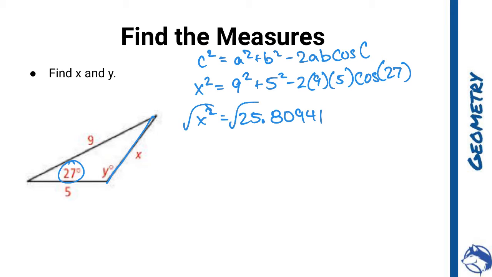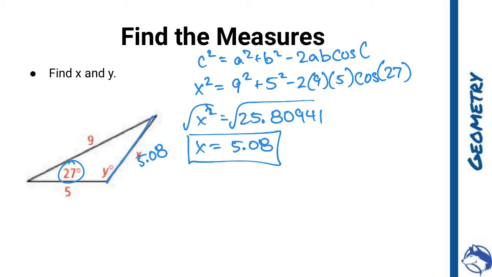And so I just take the square root and I get x is equal to the square root of that answer, 5.08. So I like to write it as 5.08.